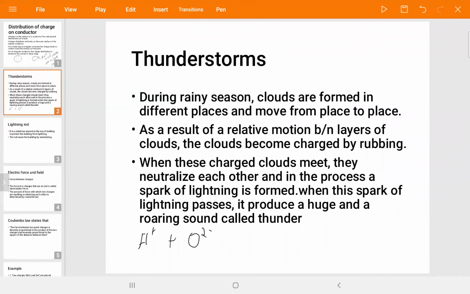As a result, you may hear some thunder, a loud or huge sound. So thunder is the result of a discharging process. For example, electrons may move from ground to the layer, or from a layer to the ground, and due to this process, there is a thunder sound.